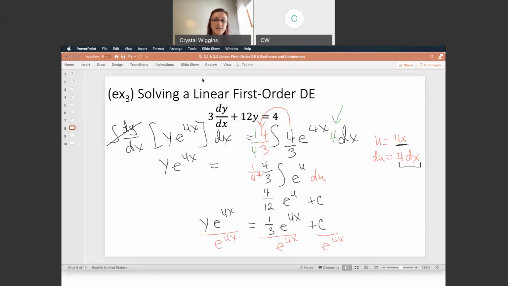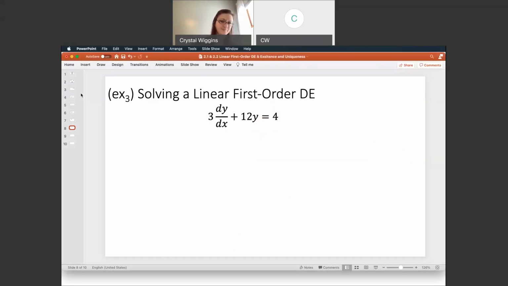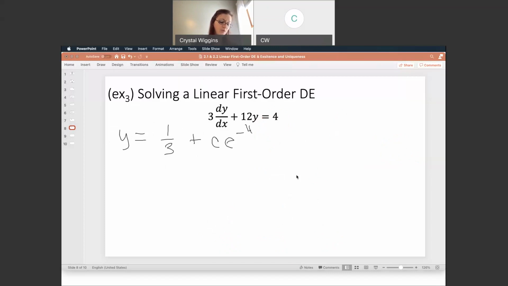Okay, I would like to give myself more room, but you can see these are going to cancel. These are going to cancel, and your e to the 4x stays with the constant term, which results in the solution y equals 1/3 plus c e to the negative 4x, or c over e to the 4x.